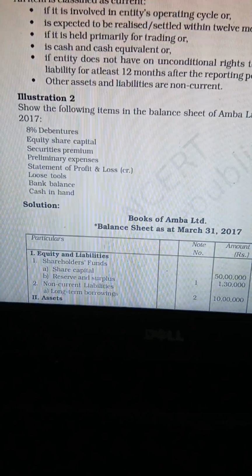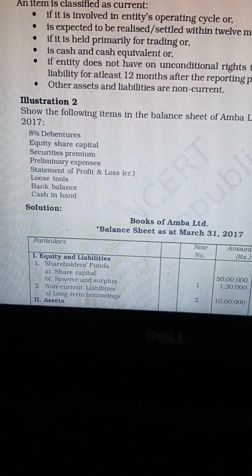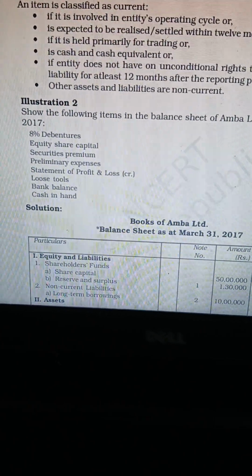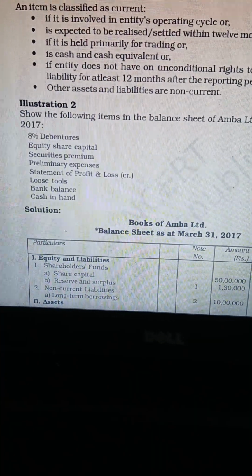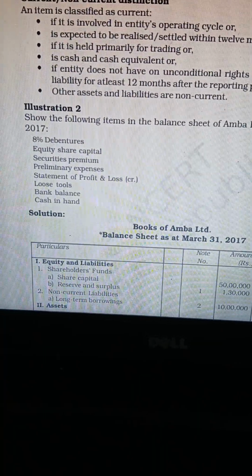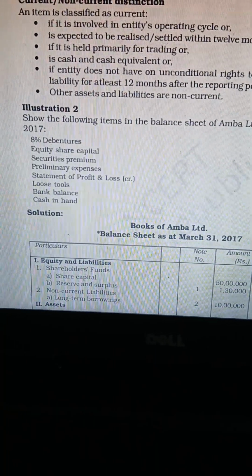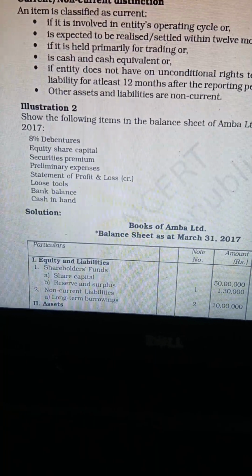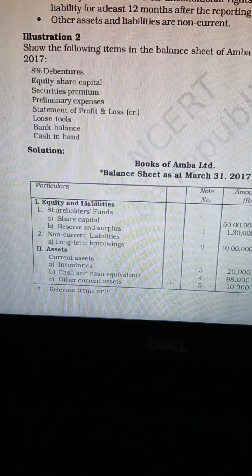It is more than the face value. Then the preliminary expenses, there is the starting expenses or the initial expenses of a company. Then the statement of profit and loss, credit balance, there is a net profit, 1,50,000, loose tools, 20,000, bank balance, then cash in hand.